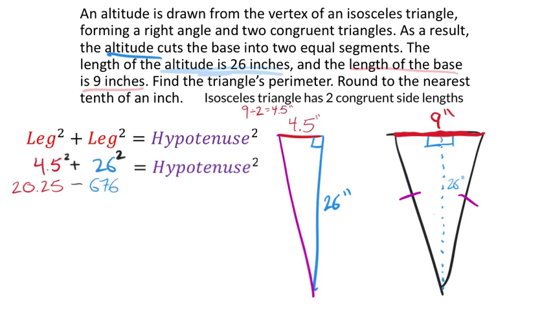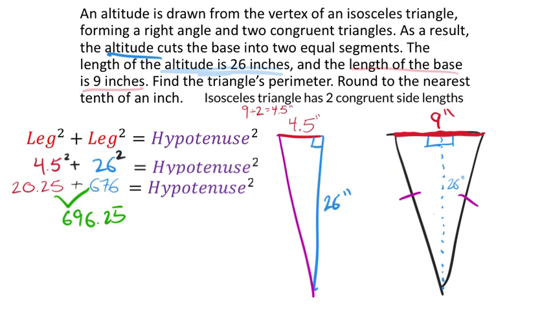So of course, if I were to add those together, I should get the hypotenuse as a square as well. So let's go ahead and add those two together. And when I do, I got 696.25.